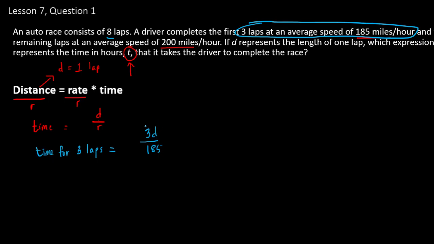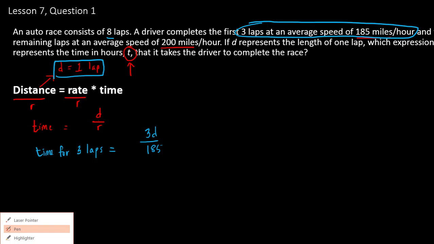Now, why did I write 3D? Well, remember that D is only equal to 1 lap. So I have to multiply D by the number of laps I'm talking about. So since this is the time for 3 laps, I have 3D as my numerator and 185, the rate, as my denominator.